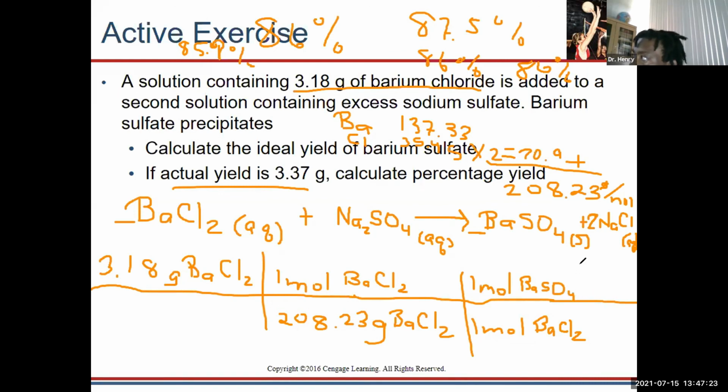Okay, then that would give me moles of barium sulfate. So how would I get to grams of barium sulfate? The molar mass, that is correct. So you're going to use that molar mass again. So we have to calculate the molar mass of barium sulfate.